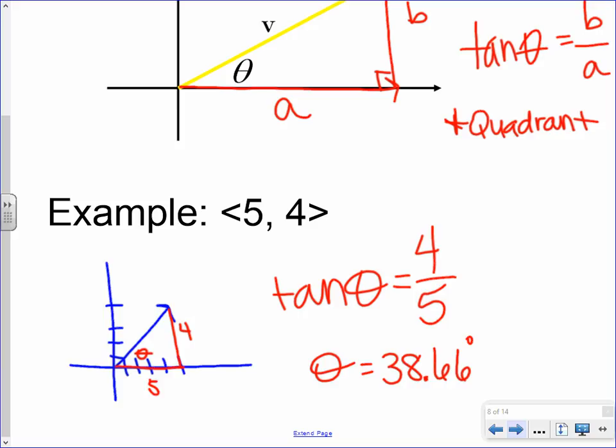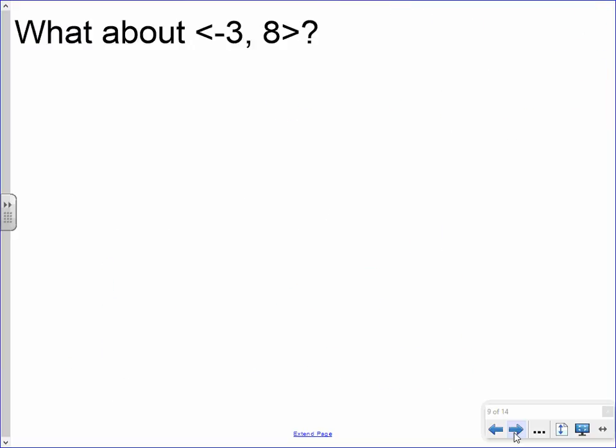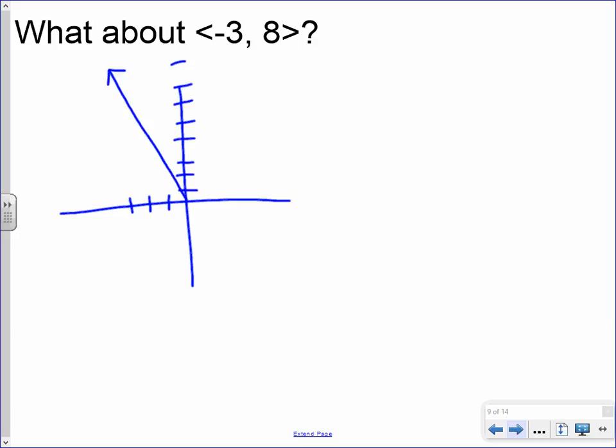Okay, now let's go back to our first example. <-3, 8>, right? Okay. Now, technically, this is the direction angle that we want, but in our calculators, we're probably going to get that angle, right?